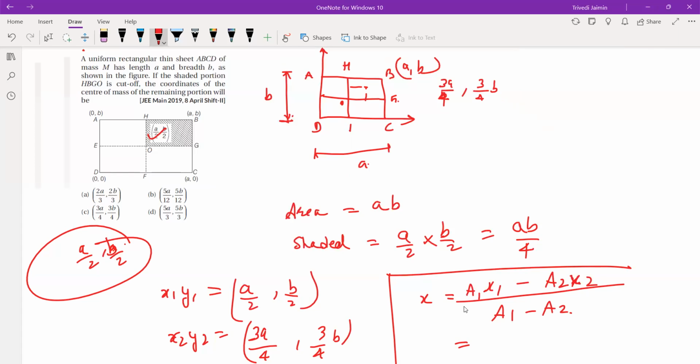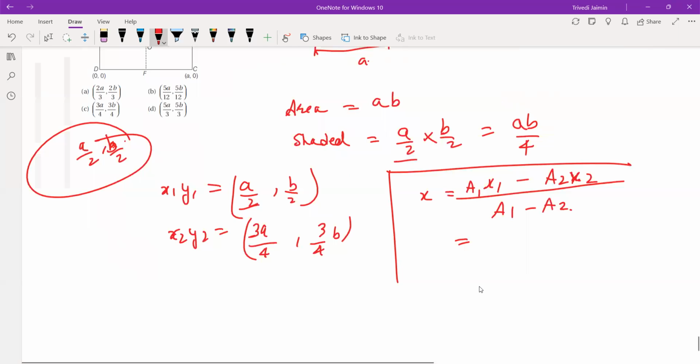So x1 was A by 2 and x2 is 3A by 4. Then we'll do same thing for y.